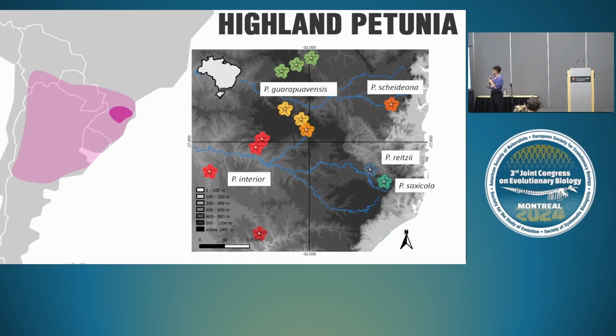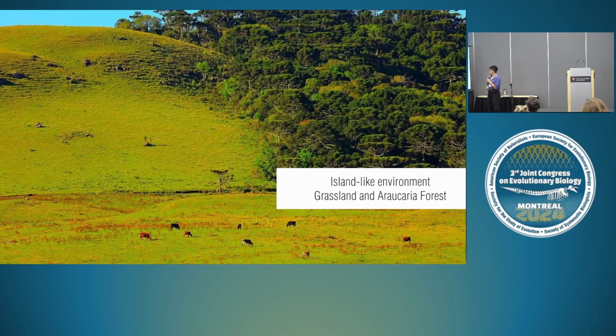For this, we collected samples from the populations of all these species across all their distribution, and the populations of P. interior near the highland species. One important thing to say is that their environment is a patch-like, island-like environment of patches of grasslands surrounded by Araucária forest or even Atlantic forest.